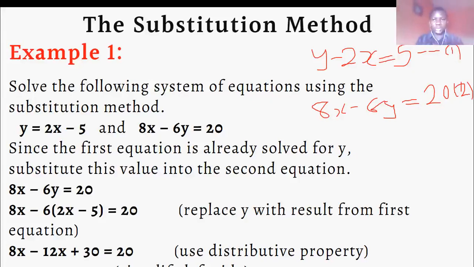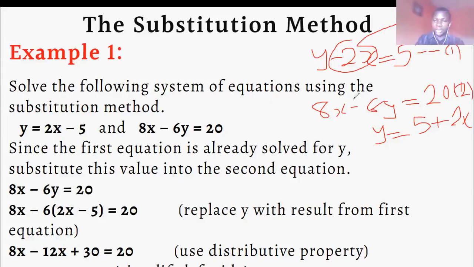It's straightforward as well. In order to solve this problem, the first thing we have to do is make y the subject of the formula. So y is equal to what? 5 plus 2x. Are you getting it? I think it's clear now. y is equal to 5 plus 2x.